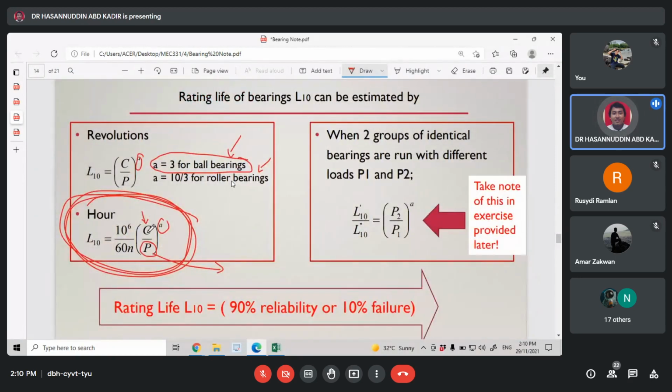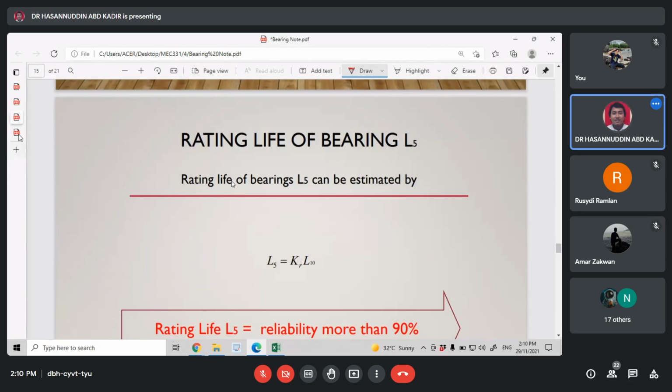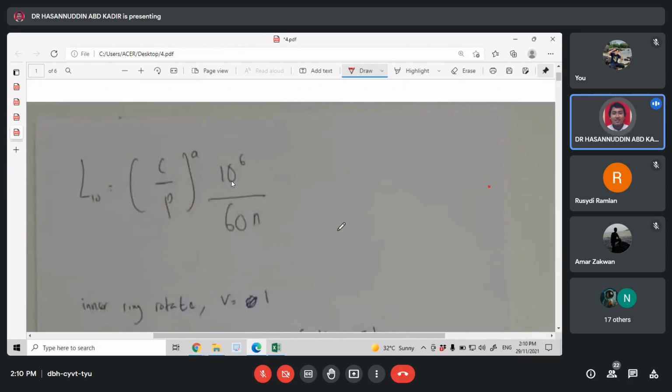C you know from table 3.1, the ball bearing section, deep groove, for diameter 40 mm. Then C also you know. Then we know A here is 3. The value of N is your RPM. And then we can get the value of R10. So we apply this formula because we want it in terms of hours.